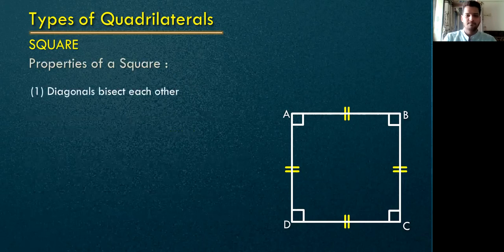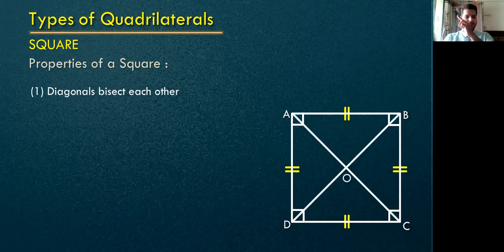Property number 1, diagonals bisect each other. So diagonal AC and diagonal BD are bisecting each other at the point O. So let us mark them with three strikes, that the length of OD is equal to the length of OB. And similarly, the length of OA is equal to the length of OC.